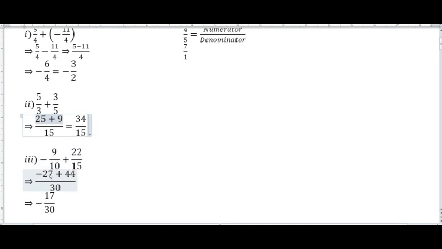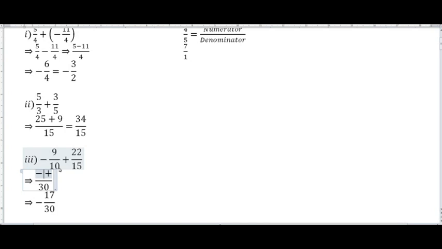Just the same way here, I will remove this one, then you will see what number we are going to write here. We need to write the number here. Look at it carefully. What to write here? You divide the LCM, that is 30, with the denominator here, 10.